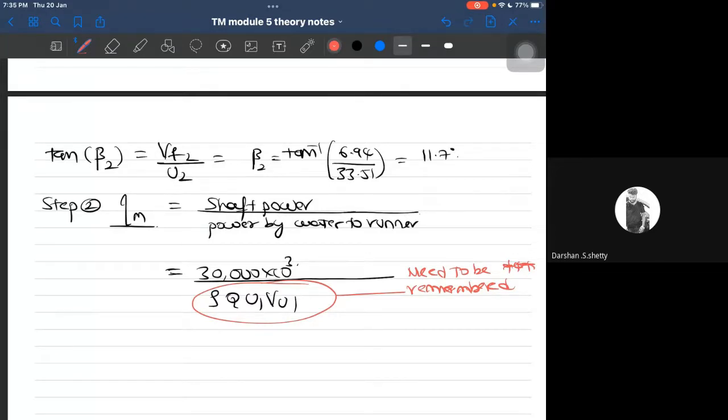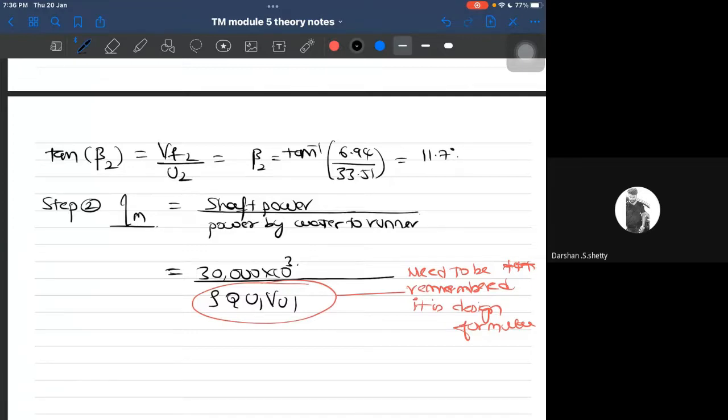Again, it is present in the design formulae. If you closely observe the mechanical efficiency formula, point number 5, hydraulic efficiency is given by so and so, mechanical efficiency is given by so and so. There he has clearly mentioned that the power of the water to the runner must be taken as rho Q U1 and Vu1. So substituting the same thing, how much will you get?